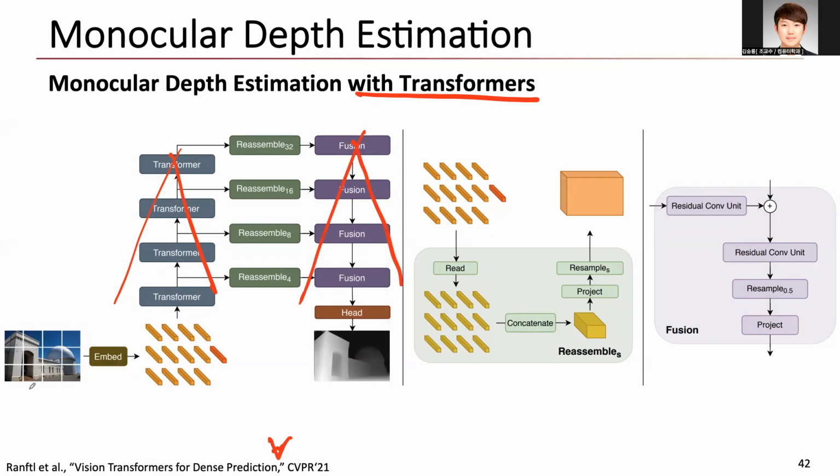First of all, they divide input images into sub-windows and embed each patch as a 1D vector.